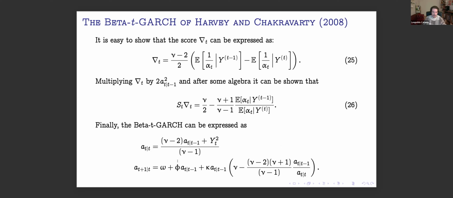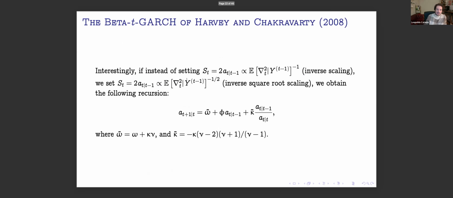Now, this result relies on the choice made in this paper of scaling the score by this quantity, which is proportional to the information quantity. Now, if we choose a different scaling mechanism, so if instead of this inverse scaling, d equal to -1 in the notation I used before, we use this inverse square root scaling, now we say that d is equal to -1/2.